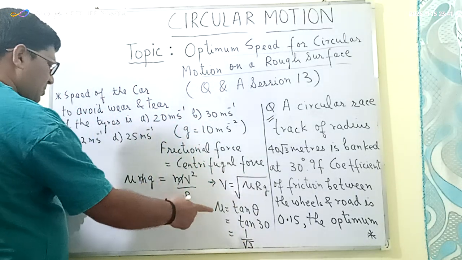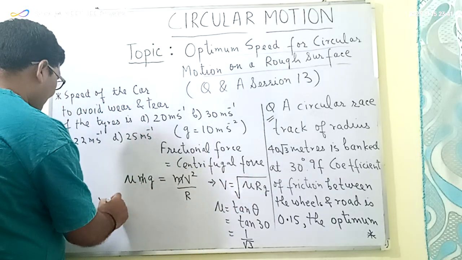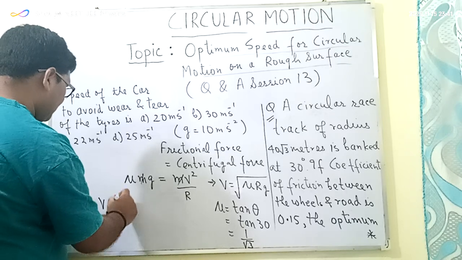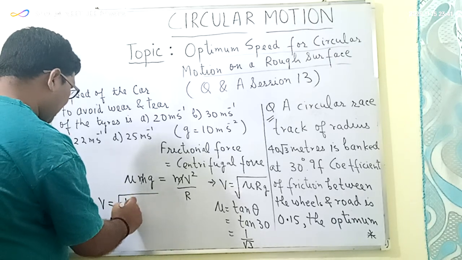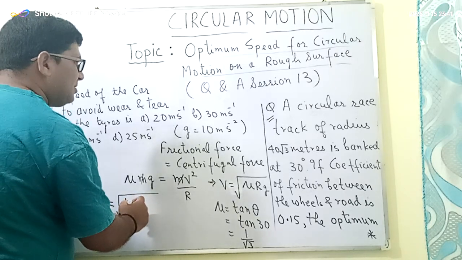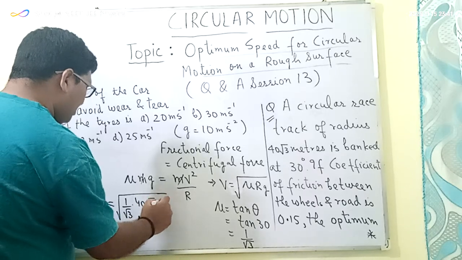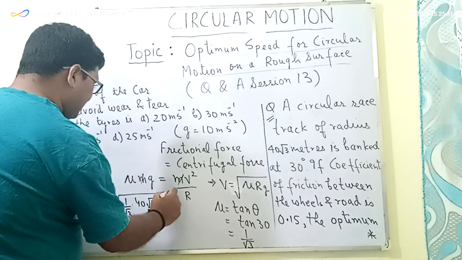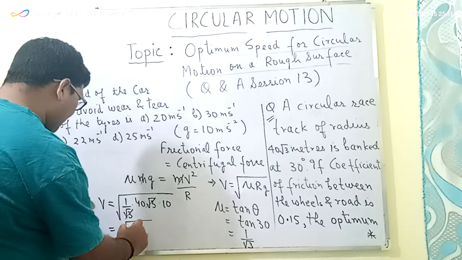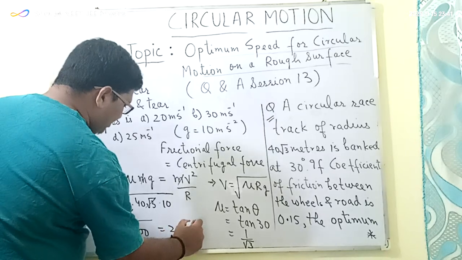By substituting the values of mu, r and g, we will get the optimum speed of the car to avoid wear and tear of the tires. Mu is equal to 1 upon root 3, the radius of the racing track is 40 root 3, and g is taken as 10 meters per second squared. So v is equal to under root 400, which is equal to 20 meters per second.